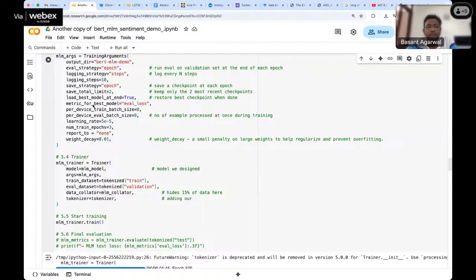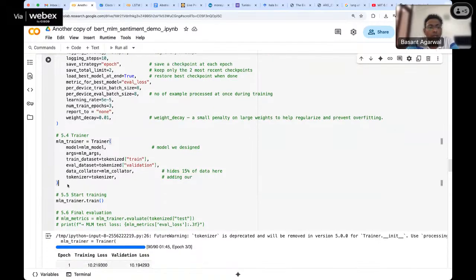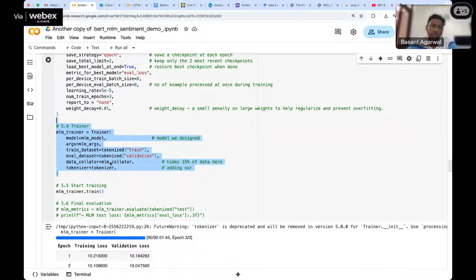And now we actually create the trainer function, in which we pass the model, the arguments of the model, the data collector, which hides 15% of the data, which we defined earlier, the tokenizer, and the data for the training and the validation. So all this is given to the model. It's very similar to the fit function which we use in other implementations, and we just start the training.